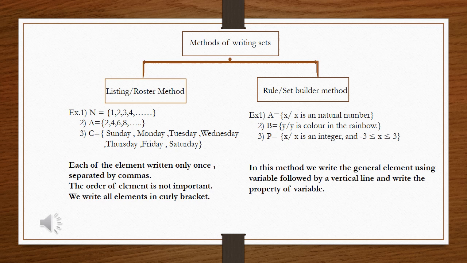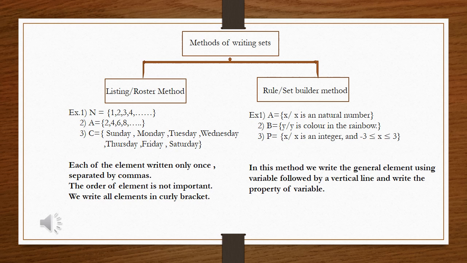So we are going to list only the elements of sets, and these are separated by commas and the elements are written only once. So these types of sets are called the listing method. That means here each element is written only once, separated by commas, and the order of elements is not important.